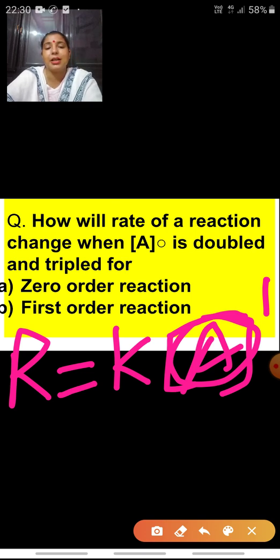Yes, rate will become 2 times. Similarly, if we triple the concentration, rate will become 3 times. Children, previously in your course, second order reactions were also there, but now after the deleted portion has been announced, the second order reactions are not there in your syllabus. Only zero order and first order reactions are there.